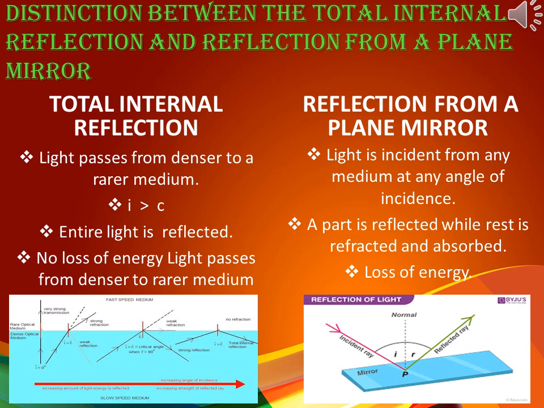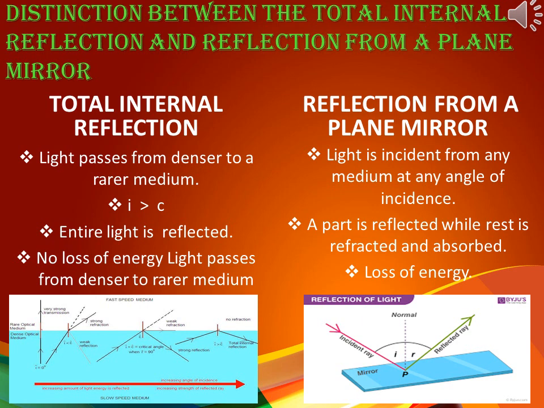In TIR, there is no loss of energy. The energy of the reflected ray is the same as that of the incident ray. Whereas in reflection from a plane mirror, there is loss of energy. The energy of the reflected ray is always less than that of the incident ray.